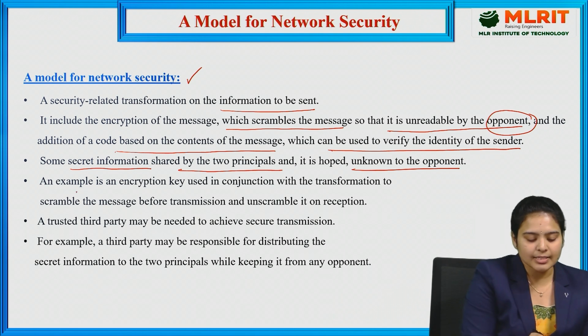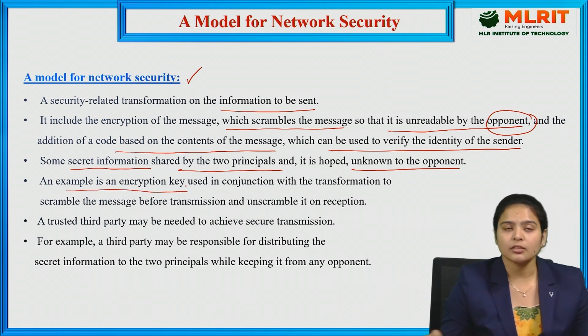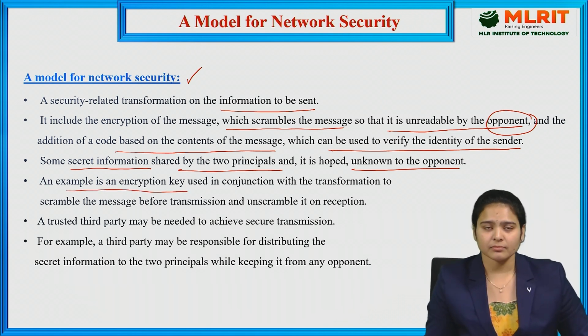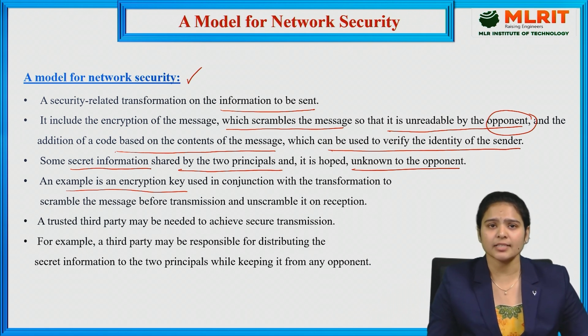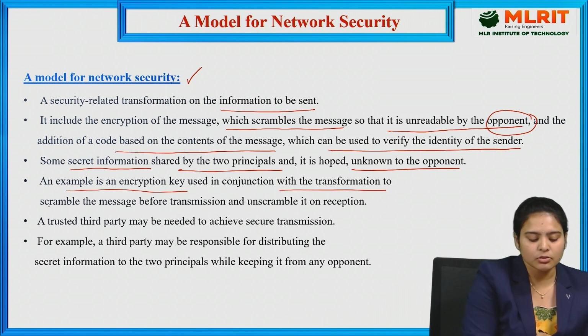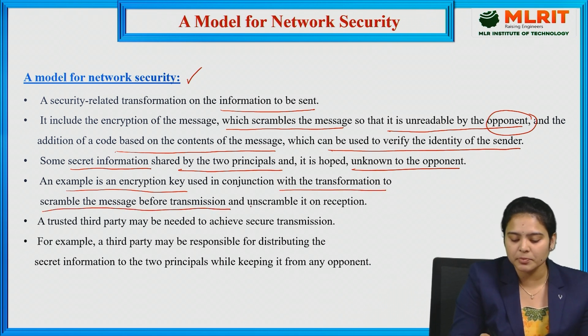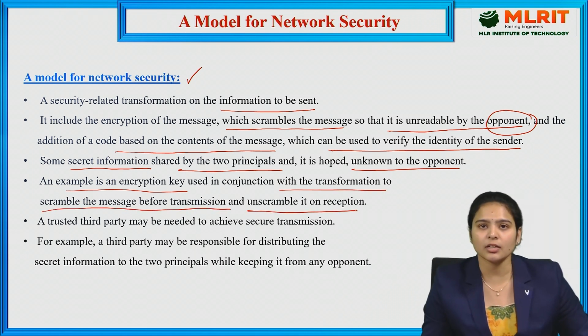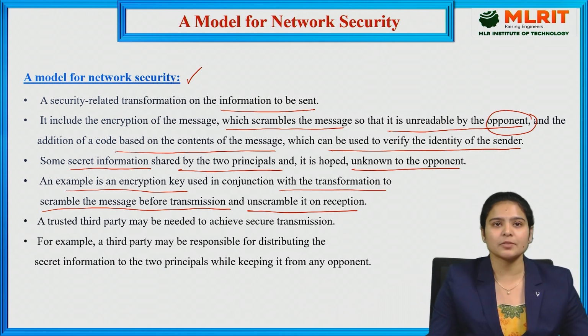An example is an encryption key. Encryption means having a secure key between the sender and the receiver. It is used with a transformation to scramble the message before transmission and unscramble it on reception.